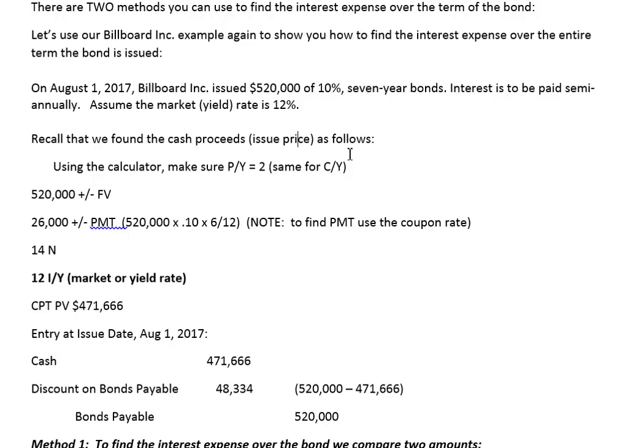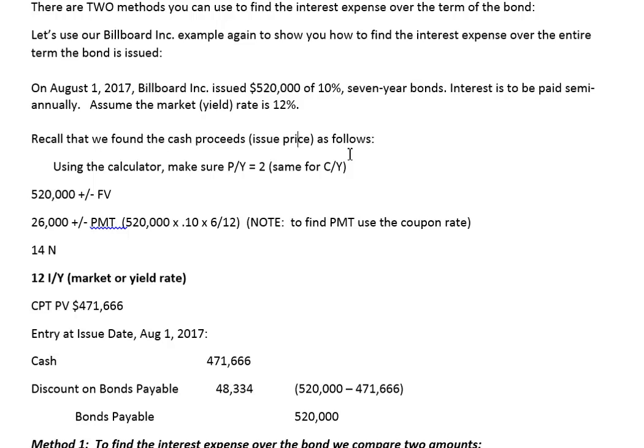Whatever you set your P/Y to automatically sets your C/Y to that as well. But many of you will sometimes change your C/Y for other courses you take here at the college, so make sure your P/Y and your C/Y are the same for this problem. And again, it has to be 2 because P/Y stands for the number of payments per year, and that's 2.